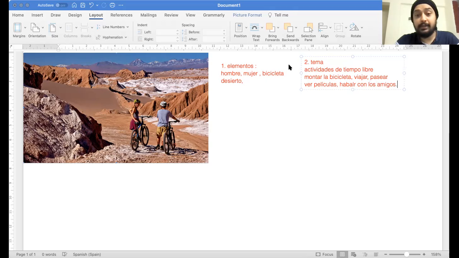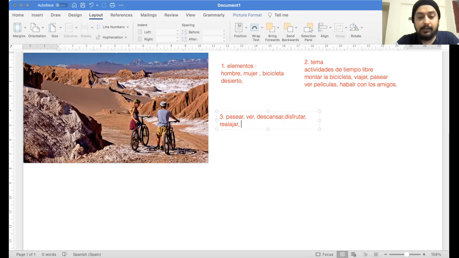Third part, what is happening in the image? What are the different verbs you can use? Pasear, ver, descansar, disfrutar, they're enjoying, right?